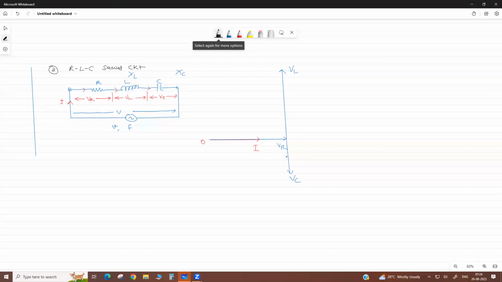So if we subtract this portion, because they are opposite, by vector sum, this is VL minus VC, a differential vector, and then this VR plus this will give you the total voltage.